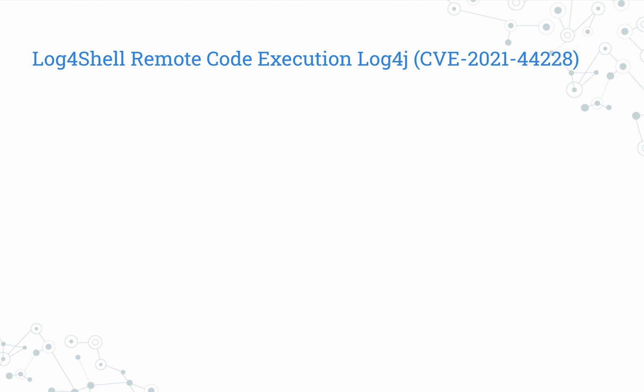What is Log4Shell remote code execution Log4j CVE-2021-44228? Remember 2014? Heartbleed was a bug of OpenSSL, the most popular open source code library for Transport Layer Security (TLS) and Secure Socket Layer (SSL) protocol, used for encrypting websites and software.